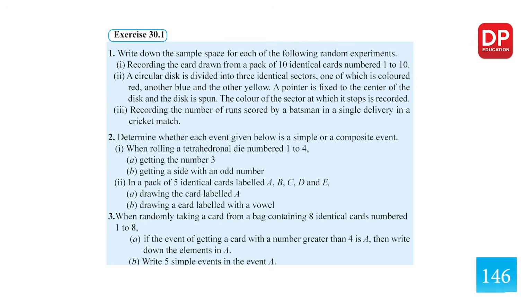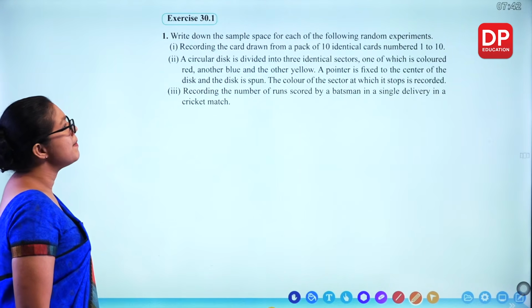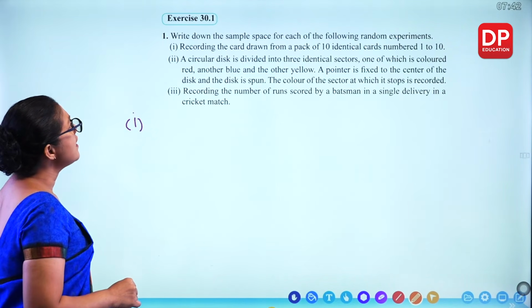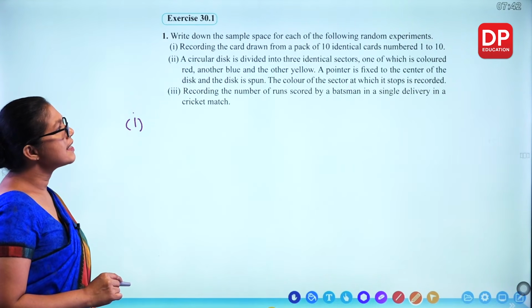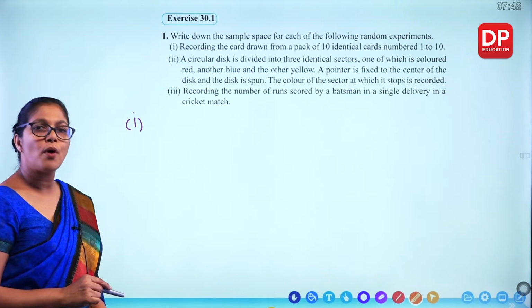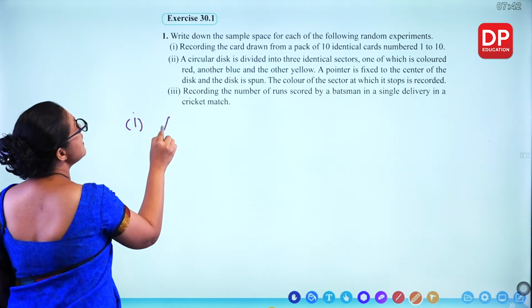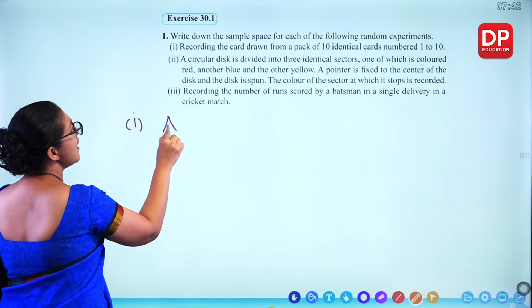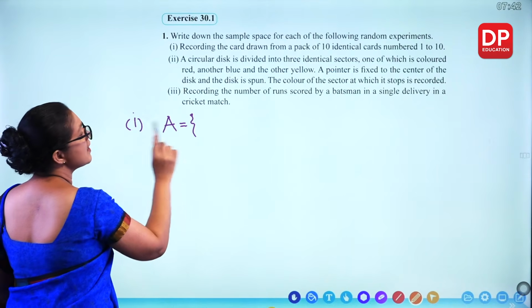Take exercise 30.1. First question, write down the sample space for each of the following random experiments. First one, recording the card drawn from a pack of 10 identical cards numbered 1 to 10. So we'll take any event A. A is numbers 1 to 10.